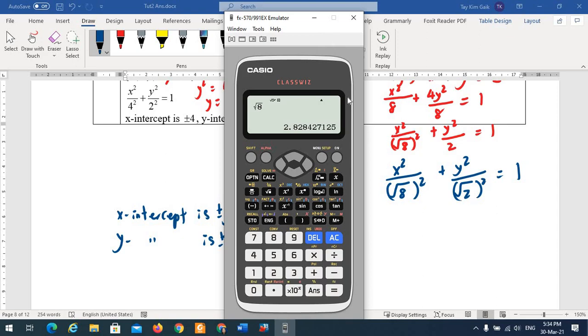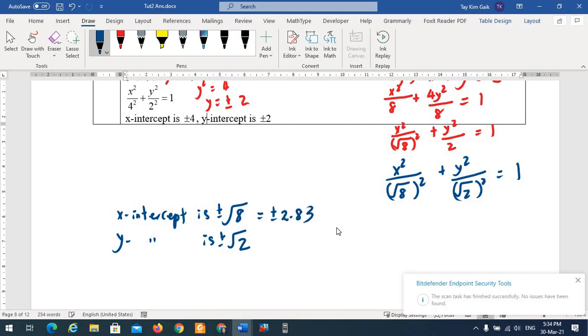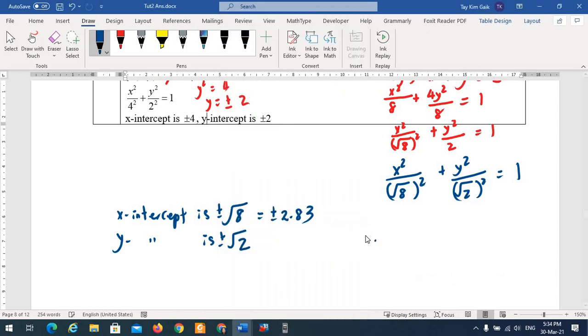From, let's say, 2.82, 8.3. So 1.42, 1.41.